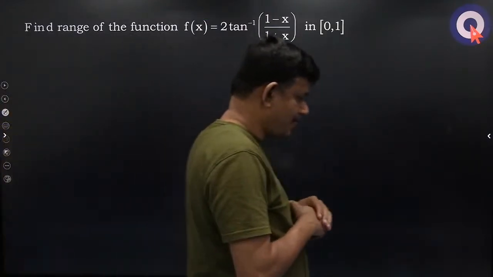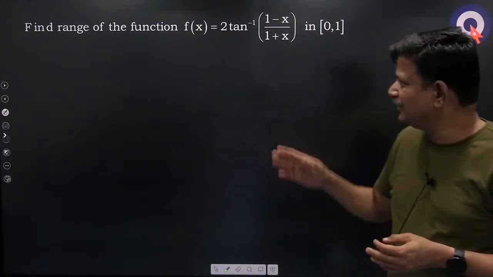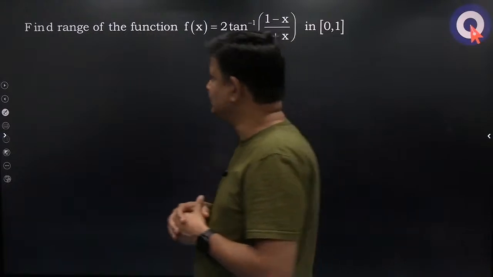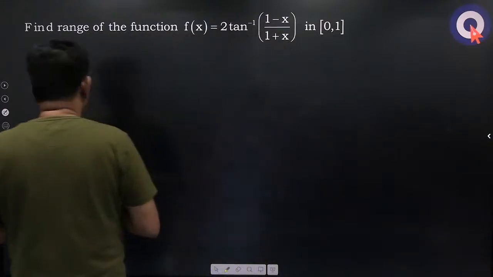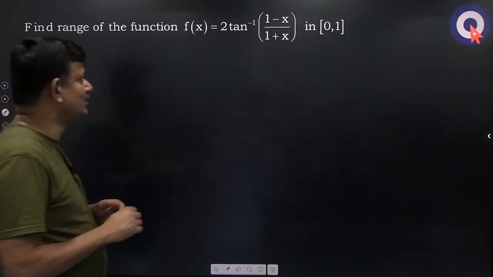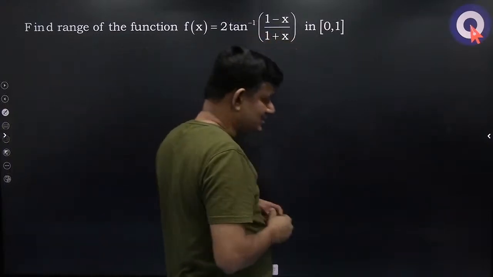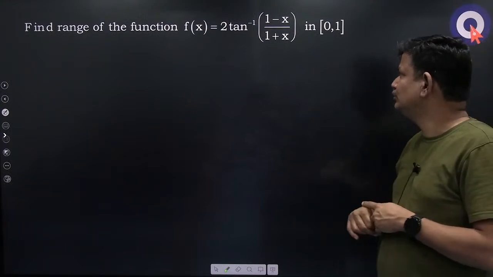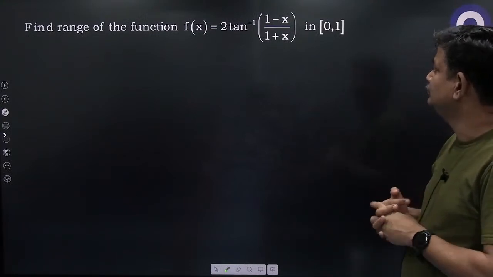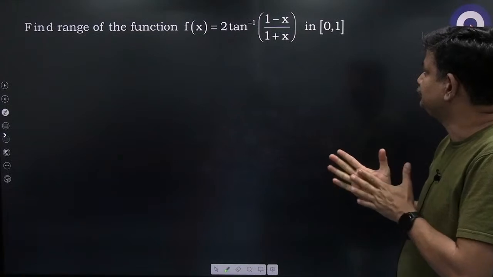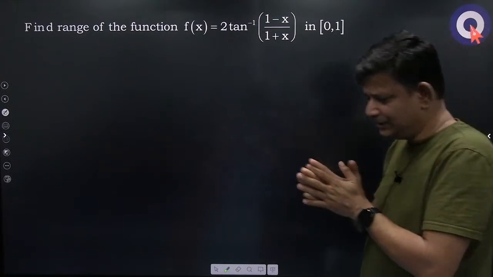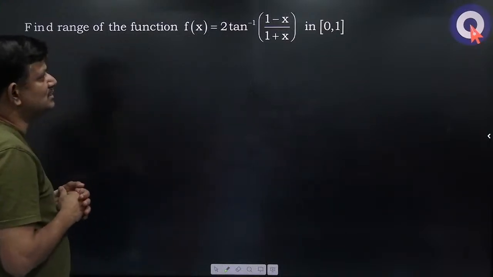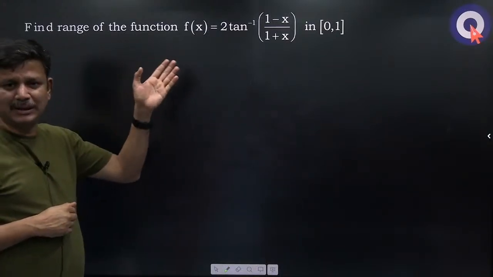Next question, you can do it by plain differentiation. He is only asking you the range. If at all it comes out to be a strictly increasing function or strictly decreasing function, directly you can find the range. Here you can also see 1 minus x by 1 plus x. You can simplify it and find out the monotonicity, or you can also use the formula of tan of pi by 4 minus x.